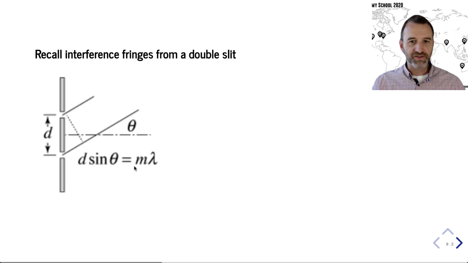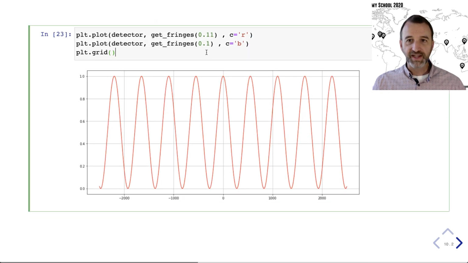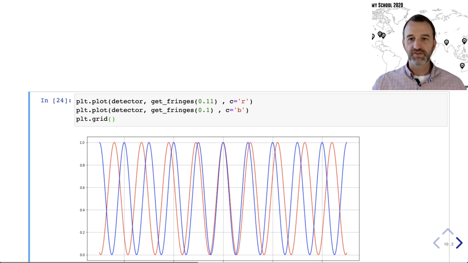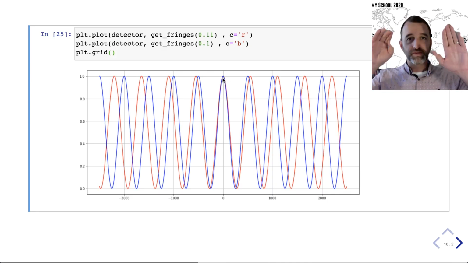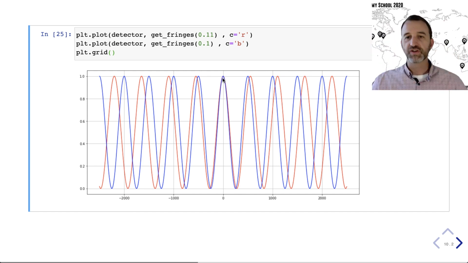So at different angles, if we have a different wavelength, the interference is going to be constructive or destructive at different angles. So that means when we add our second laser to this mix, this is what we get. Again, at that 0th order, they both come in phase and we get constructive interference and we get a bright spot.